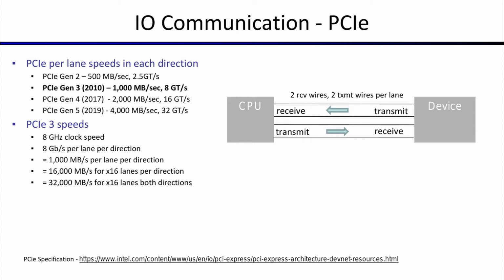So that's how it scales for communication in devices. And this is full duplex, so you multiply 16,000, and if you were going full bidirectional, you get 32,000 megabytes per second.